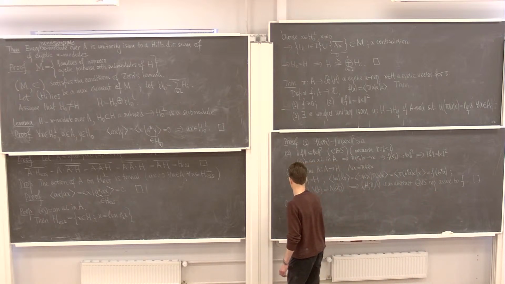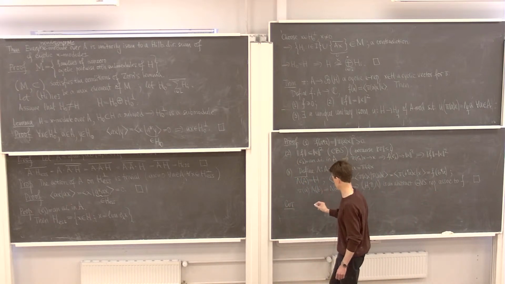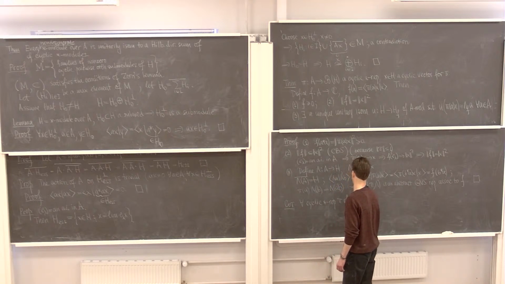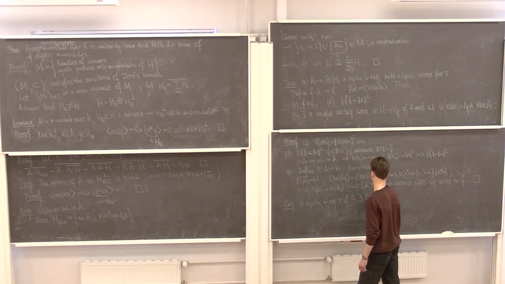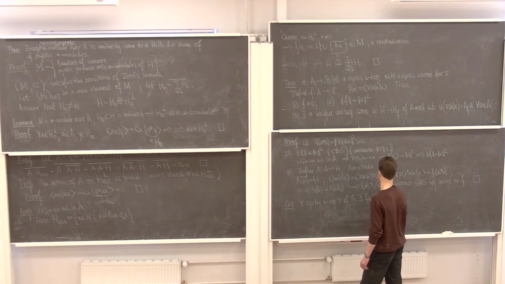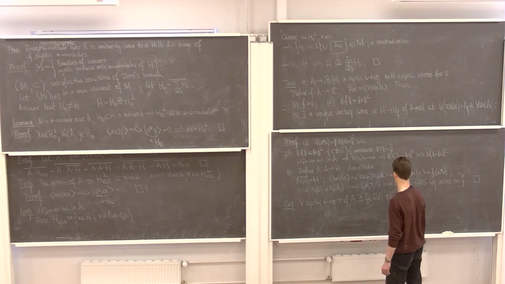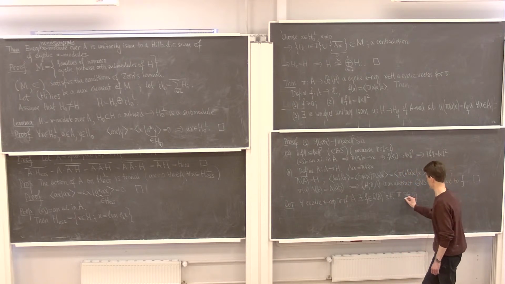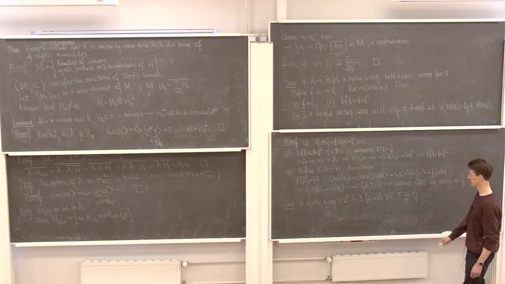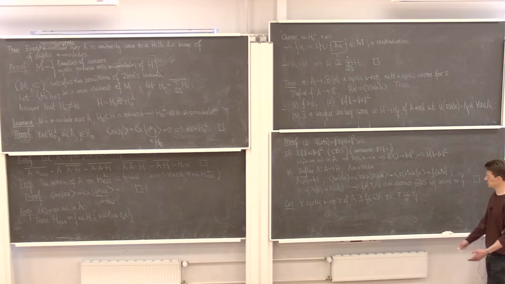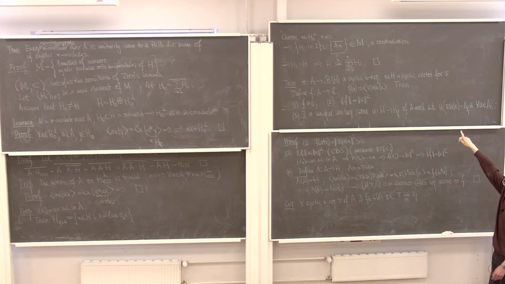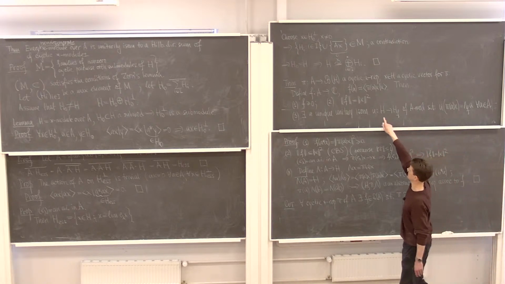As a corollary, we see that for every cyclic star representation pi of A, there is a state F on A such that pi is unitarily isomorphic to pi F. Well, indeed, to find such F, we simply take a cyclic vector of norm 1.